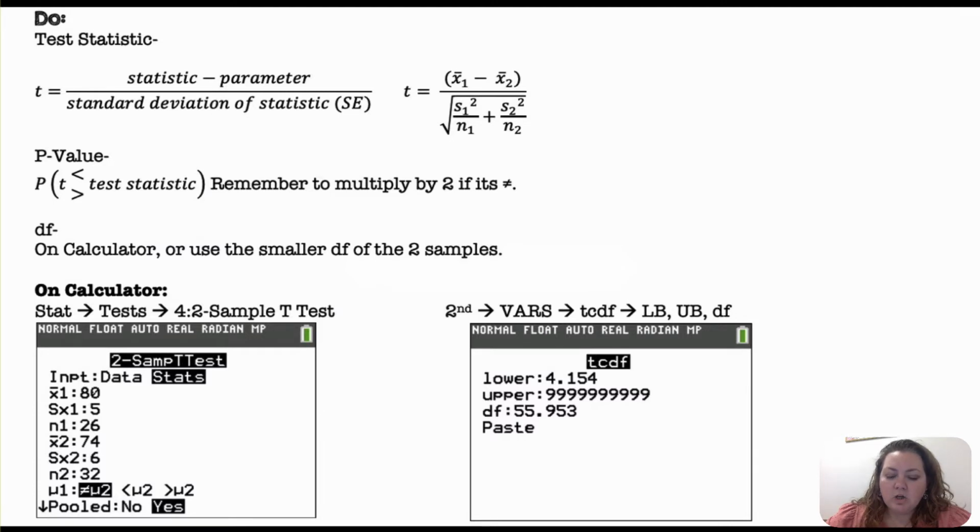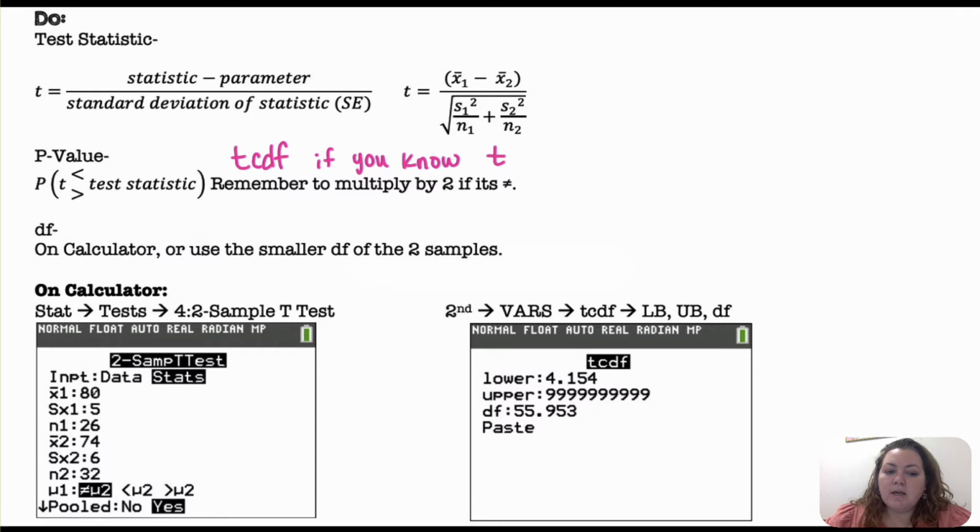But remember, if I know my test statistic and I want to find the p-value, I could do a t-CDF and plug in the test statistic. In the example with the calculator, in the bottom right, the test statistic was 4.154, and the degrees of freedom was 55.953.